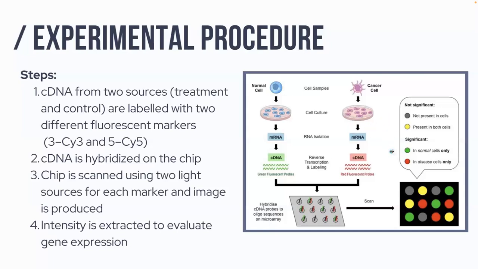After hybridization, the chip is scanned using two different light sources with two different wavelengths to identify the different colors, here the green and the red. After scanning, an image is produced, and the intensity of the light is extracted, which tells us the amount of sample that bound to that probe in each pore.